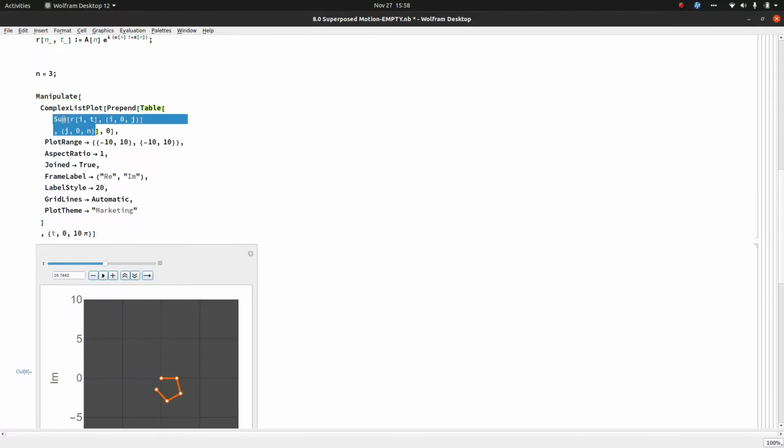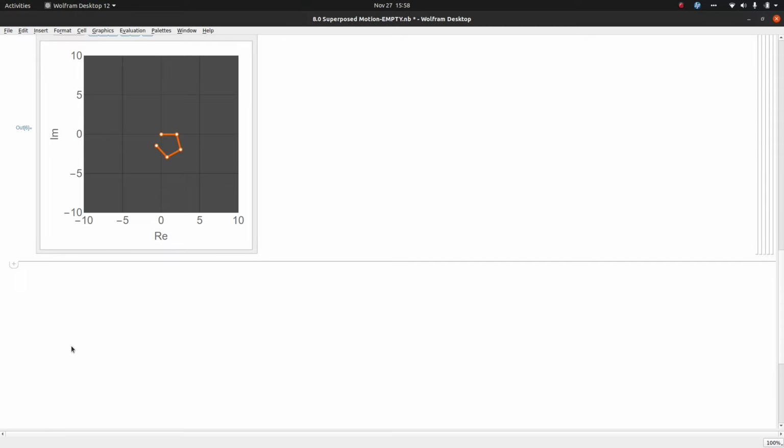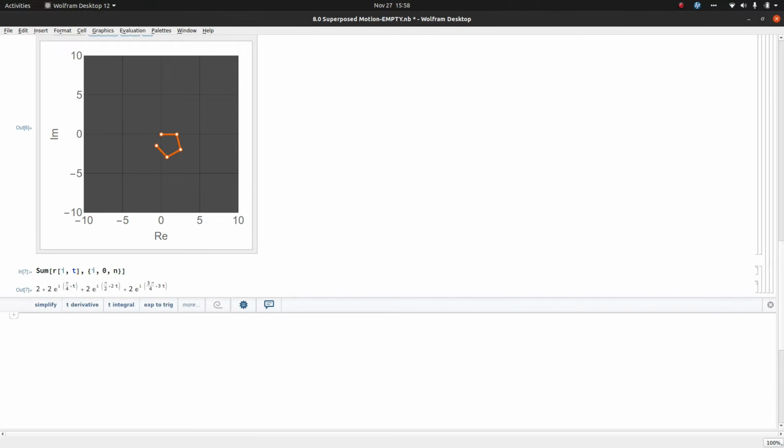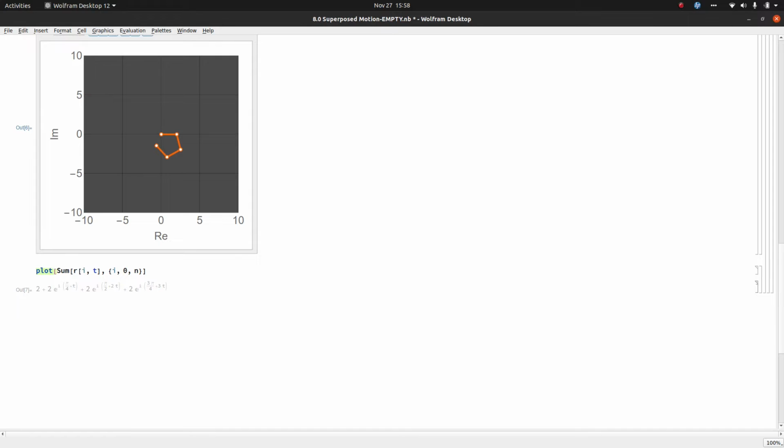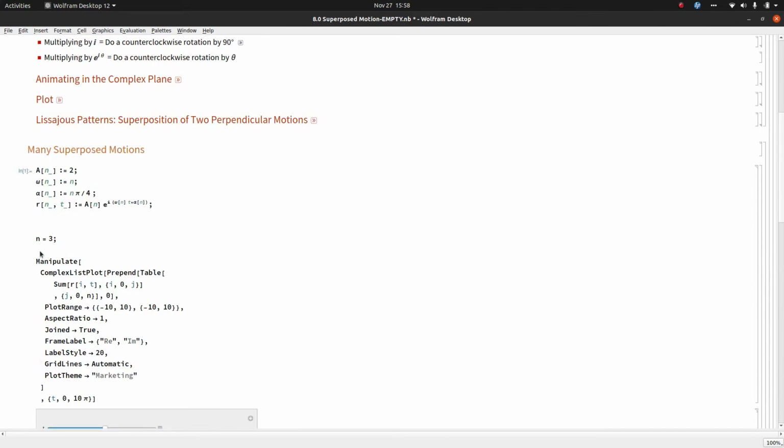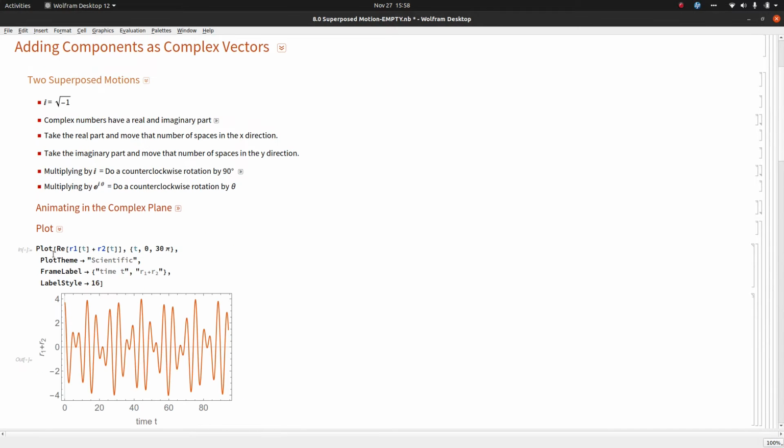So to get a plot of that, I am just going to copy this. We'll go all the way up to n. And we'll go ahead and plot that. Actually, let us be lazy because we can.